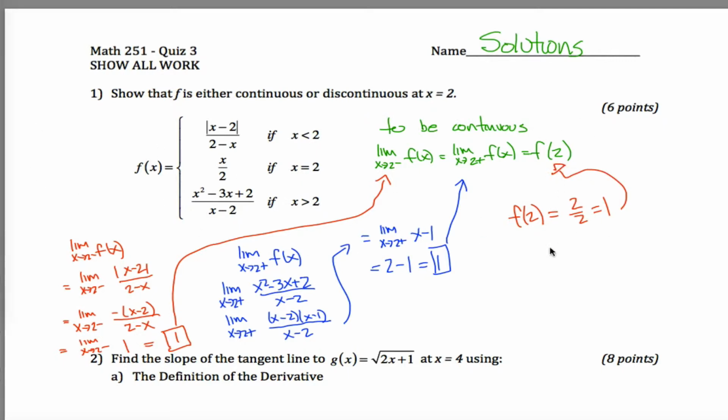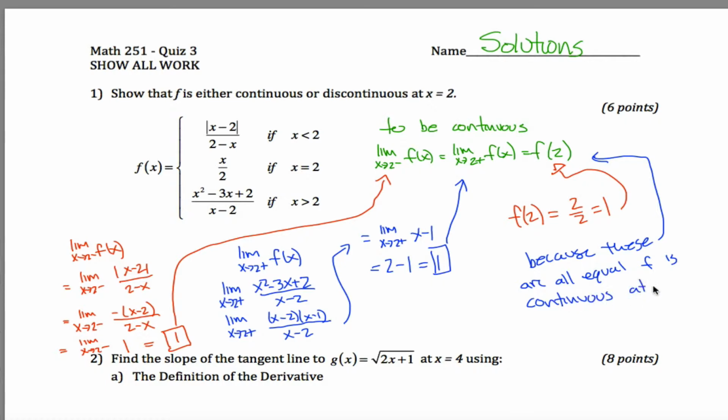So because these are all equal, my function is continuous at x equals 2.